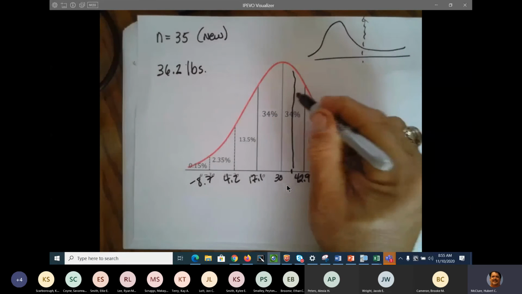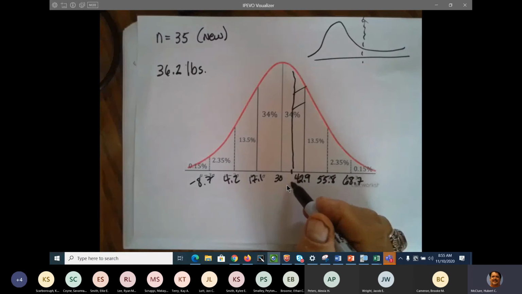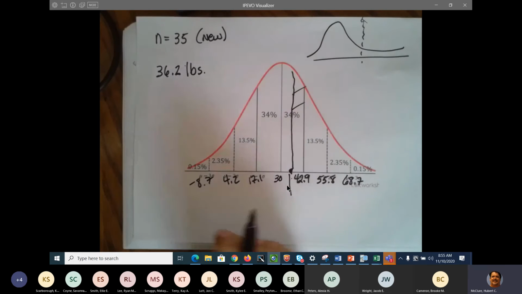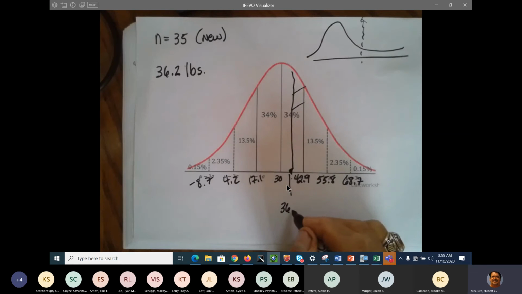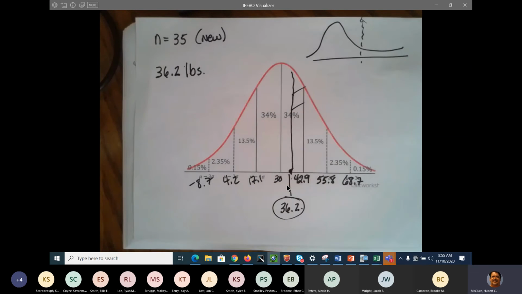They just asked for the weight gain, so they didn't ask for more or less. So if you're just going to find that z-score right there, that's going to be 36.2. So we're going to have to get a new standard deviation.